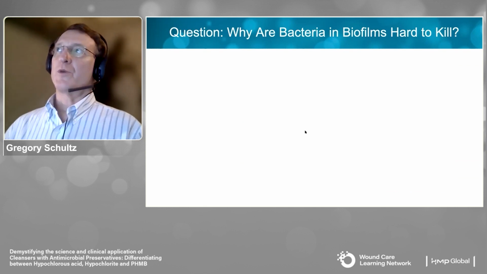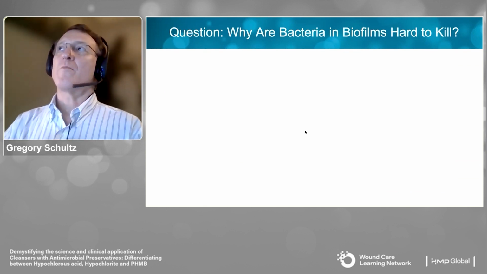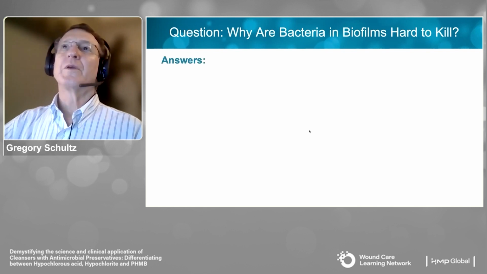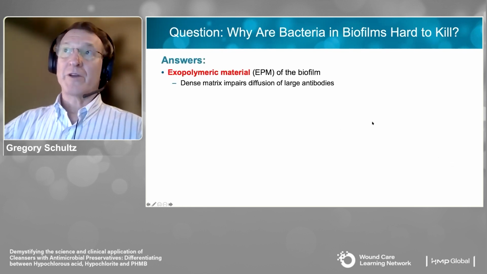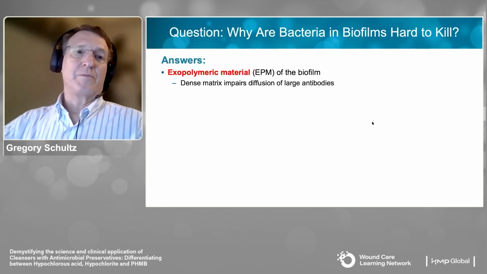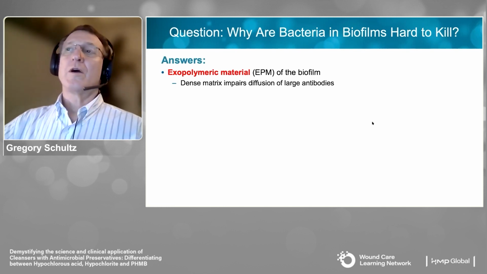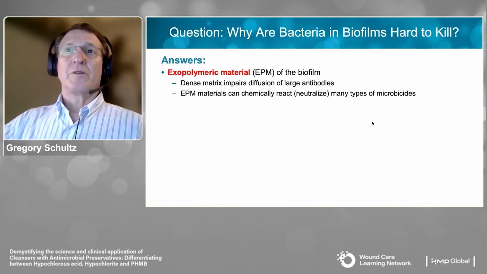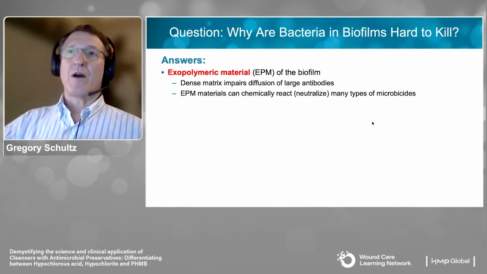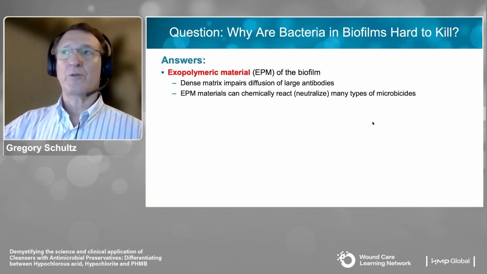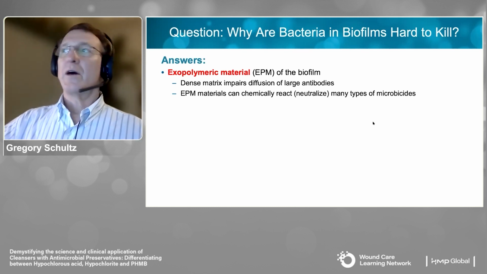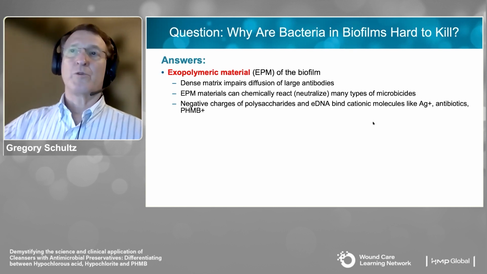One of the key questions we want to ask about biofilm is, why are bacteria in biofilms so hard to kill? The reality is there are multiple answers. First, the exopolymeric matrix of the biofilm can be a diffusion barrier for large molecules. In addition, the polysaccharides and bacterial DNA that make up a substantial amount of the exopolymeric matrix can chemically react with and therefore neutralize many of the chemically reactive microbicides that we normally would use.